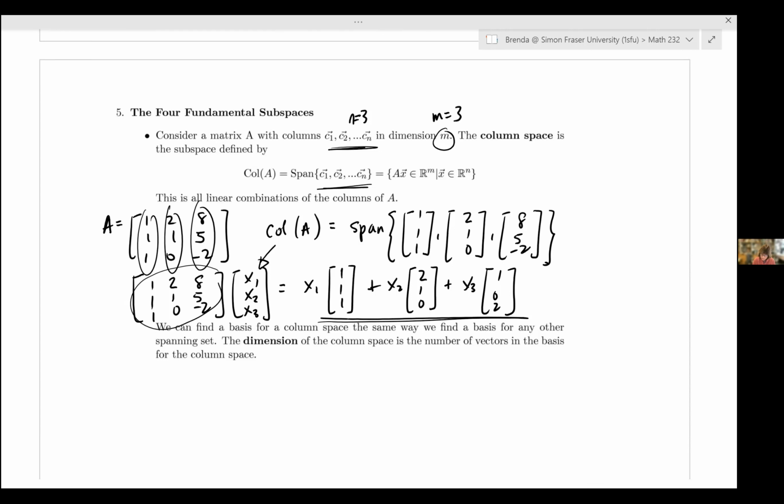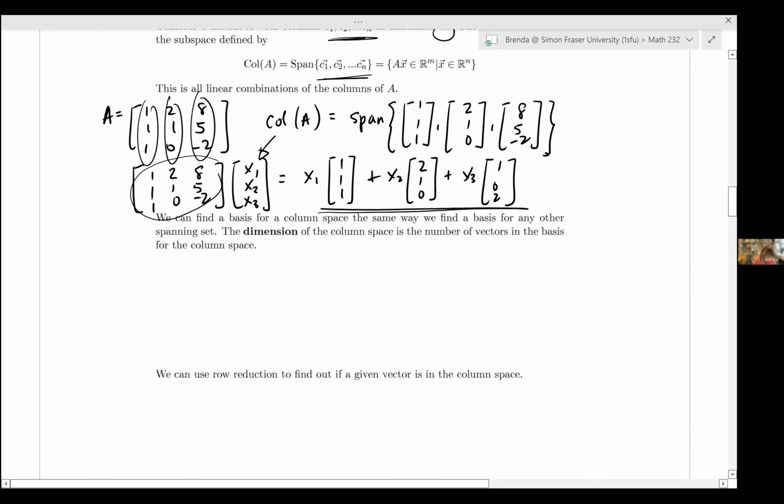So the solutions to A times X, all of those vectors are the column space. The product, I should say, not the solutions, the product of A times X for all possible values of X is the column space. Okay, we can also find a basis for the column space in the exact same way that we would find a basis for any other span.